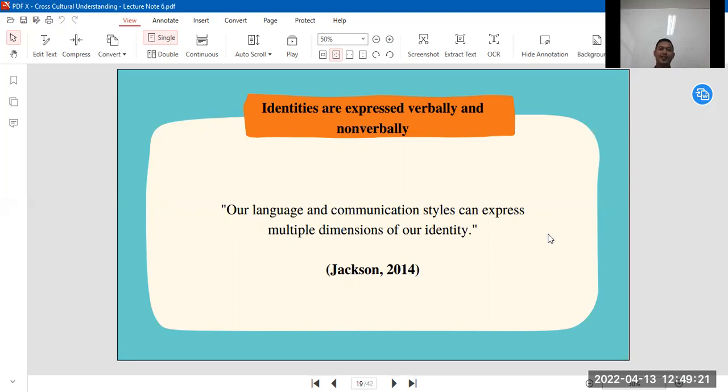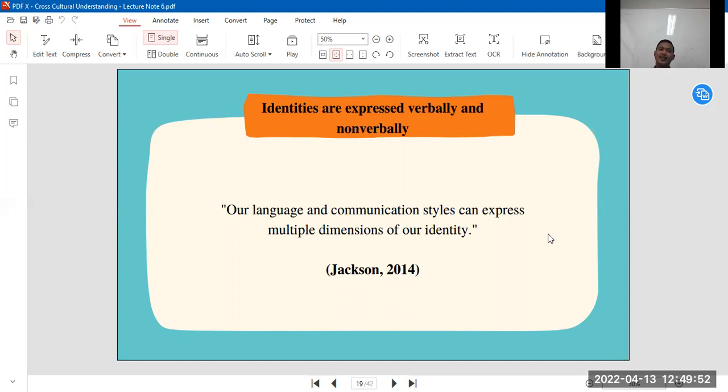Identities are expressed verbally and non-verbally. Our language and communication style can express multiple dimensions of our identity. We intentionally express and negotiate our identities through a range of verbal and non-verbal means, depending on what messages we wish to send about ourselves to others, right?